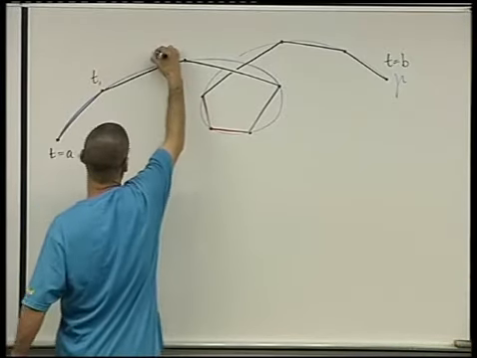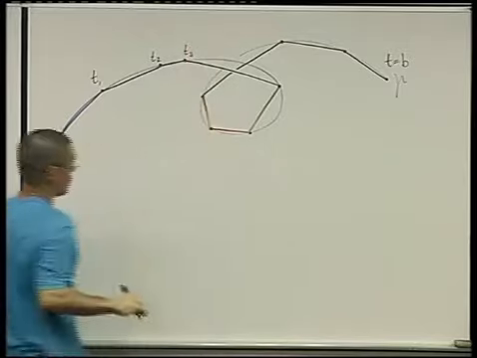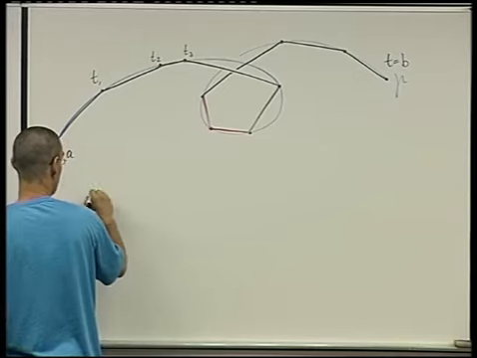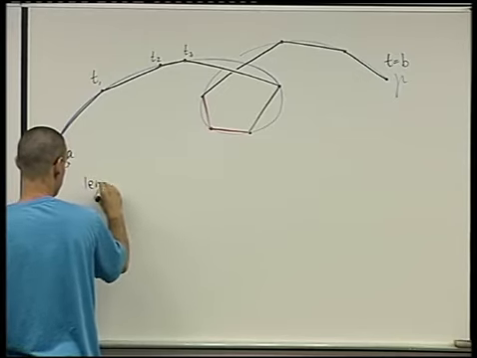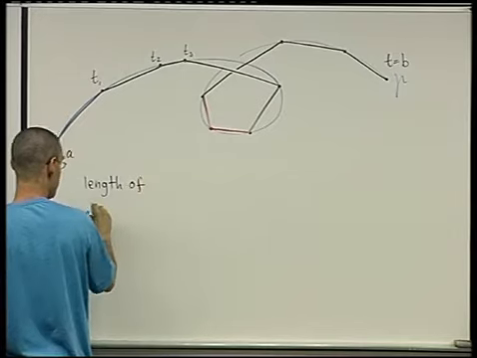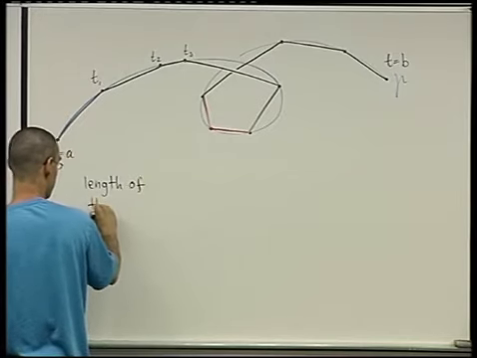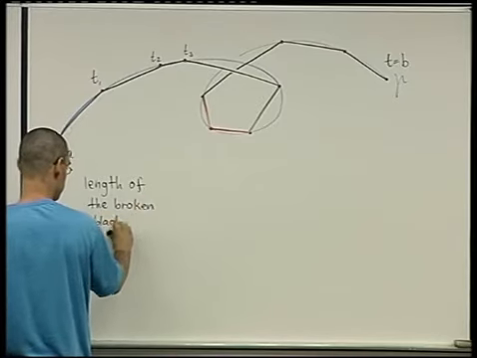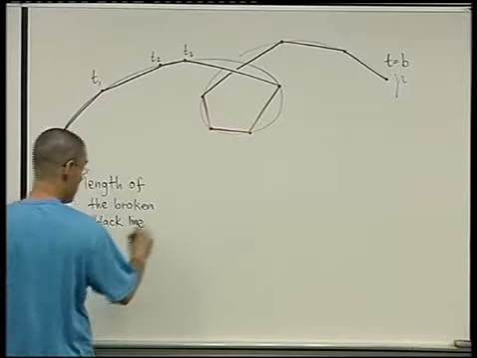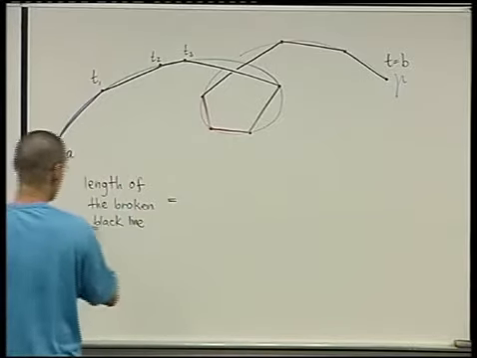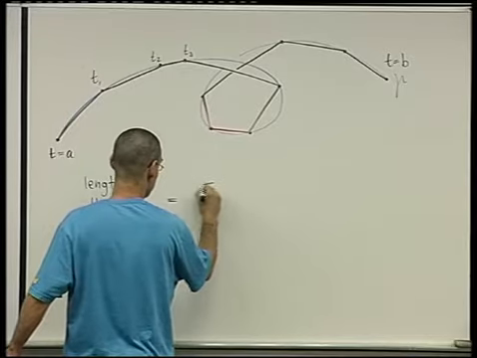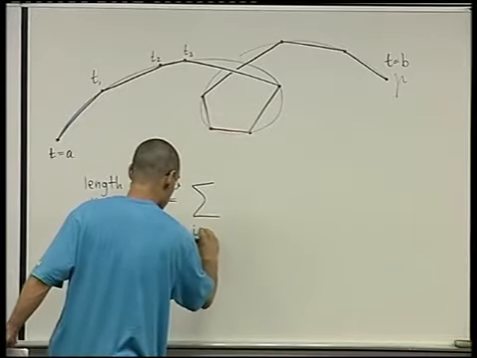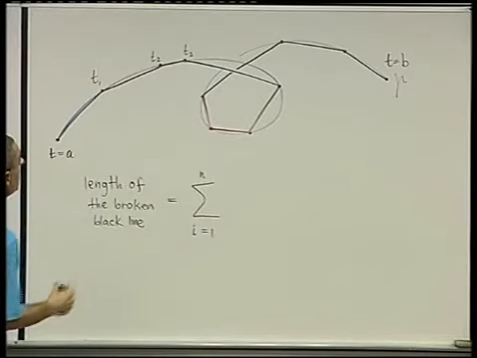Let's call them t1, t2, t3, etc. Okay, so let's say the length of the broken black line, the approximation, is just the sum of all these little black segments. Well, these two were red because I replaced them. The sum i equals 1 to n of the lengths of the little black segments.